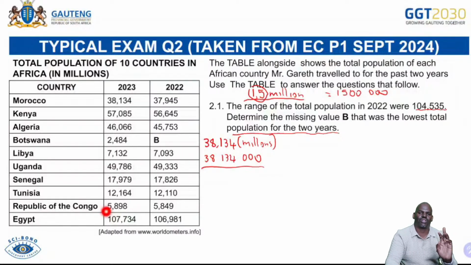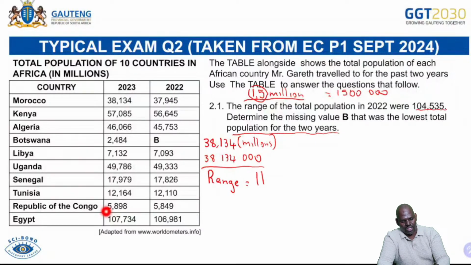Now, this is one of those tricky questions. It is not as straightforward. We all know that if the examiner asked you to calculate the range, you would take the highest value and subtract the smallest value.